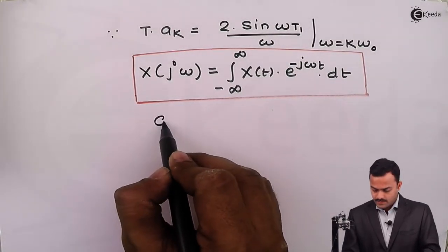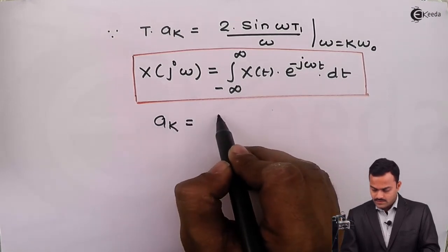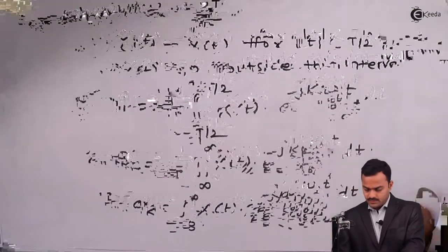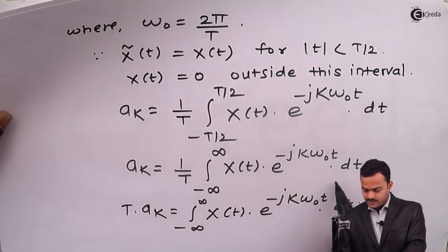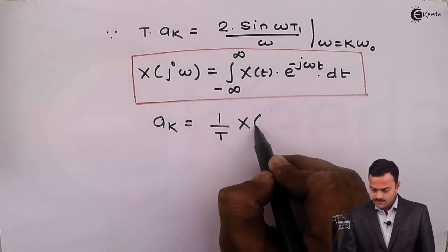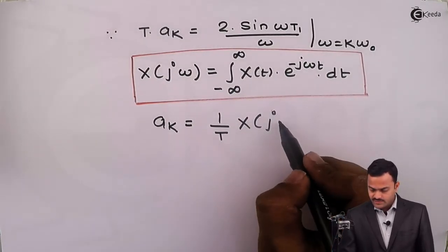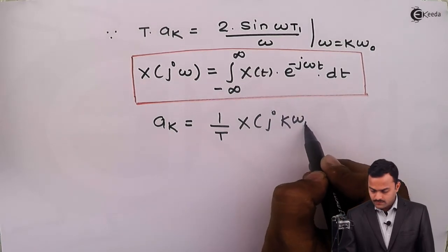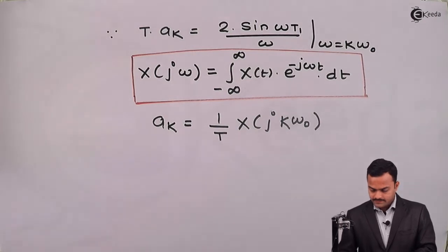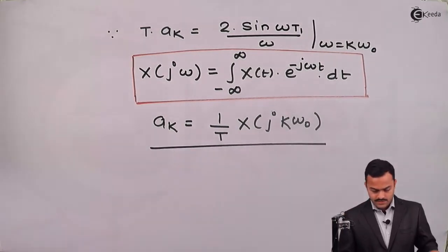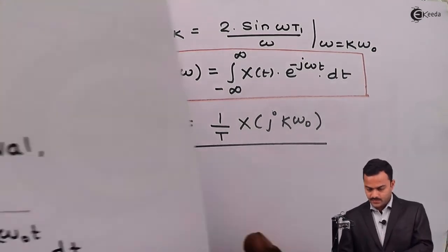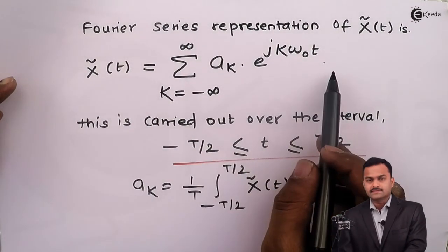So now I can say this ak is 1 by T. From here it's 1 by T, and this part is X of j omega, which can also be written as X of j k omega 0. Now we got ak. This ak we are going to substitute in the Fourier series expansion of x bar t.